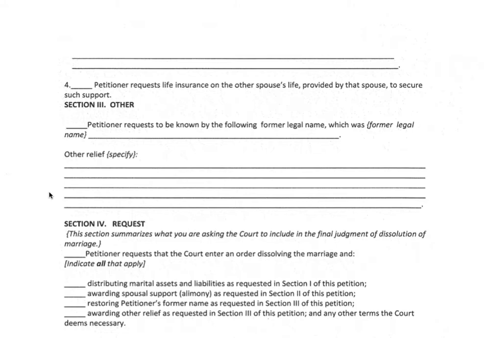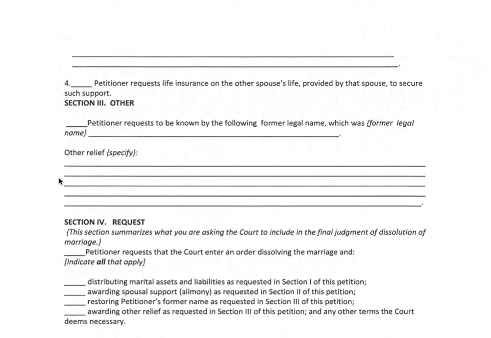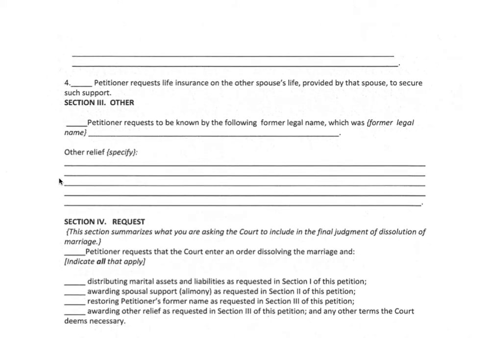Unfortunately, in the state of Florida, pets are not divisible through custody orders. They're considered property. But they're not considered assets or liabilities. So this is one section you could request how you're going to do the pets. We've had cases where people had custody and visitation for pets. So it's something to consider.